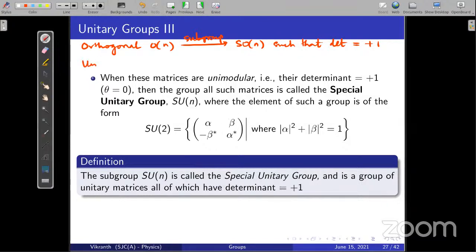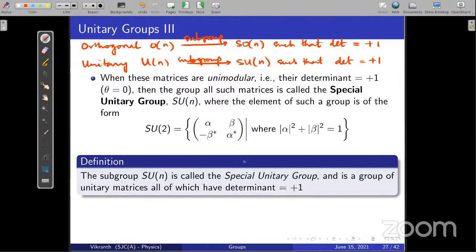You have the unitary group U of n. You take a subgroup of that, which is called SU of n, the special unitary group. The S just stands for special, such that the determinant again is equal to +1. That's your special unitary group.